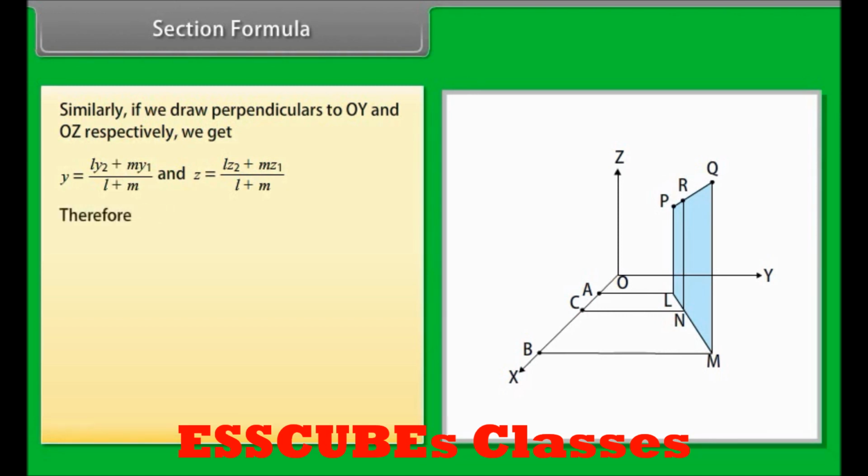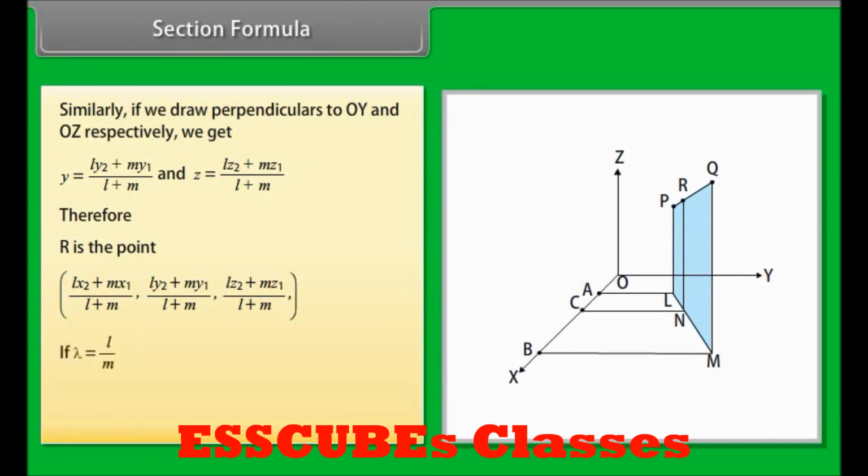Therefore, R is the point ((Lx2 + Mx1)/(L + M), (Ly2 + My1)/(L + M), (Lz2 + Mz1)/(L + M)).